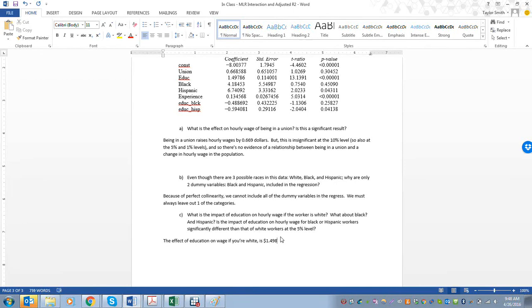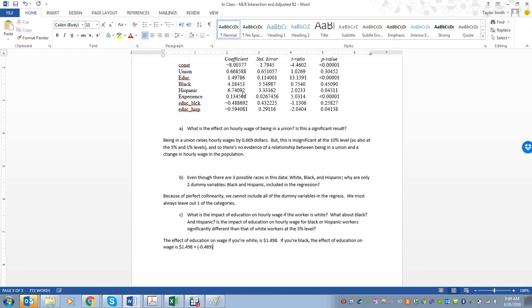Now if you're black, the effect of education on wage is that original 1.498, but plus the extra effect if you're black, which in this case is a negative effect, 0.489 to round it.